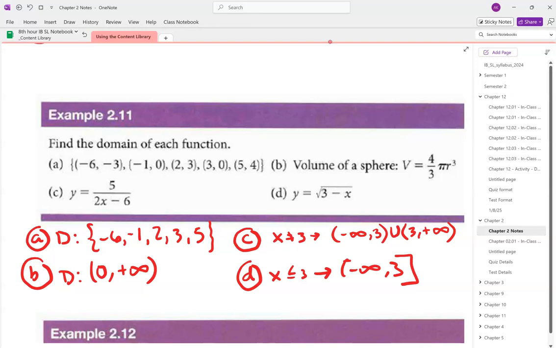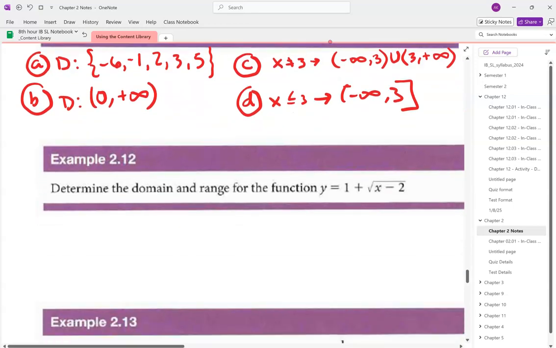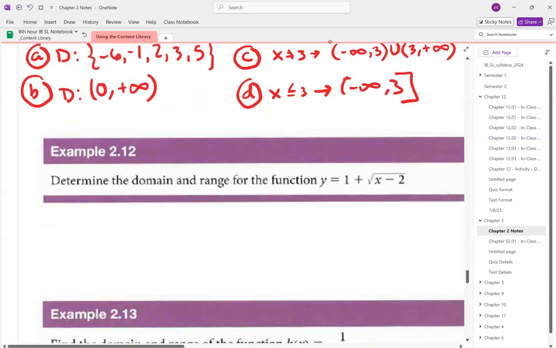Feel okay? Does this all feel like pretty review? This is what most of this semester is going to feel like. Determine the domain and range for this guy. What's the domain going to be? Okay, x has to be greater than or equal to 2.